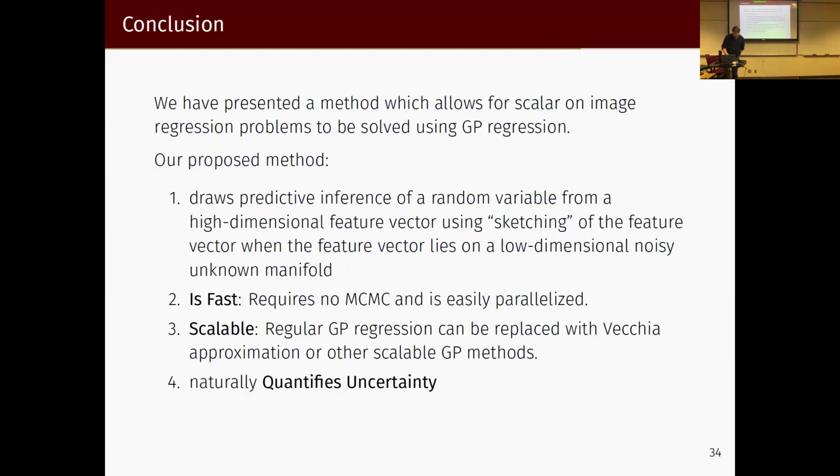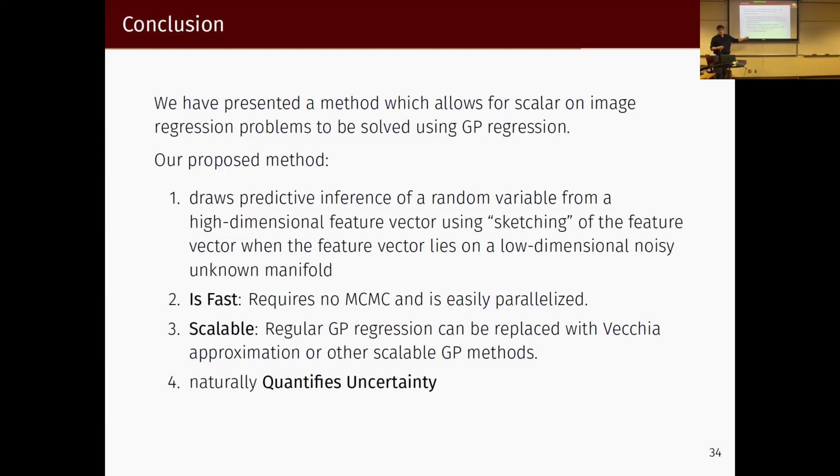The takeaway is that we've created a Gaussian process regression framework that draws predictive inference from a random variable from a high dimensional feature space using sketching of the feature vector down to a low dimension. Our method's really fast, doesn't require any MCMC, and the way I set it up, it's already parallel.